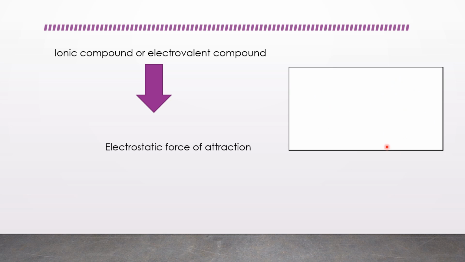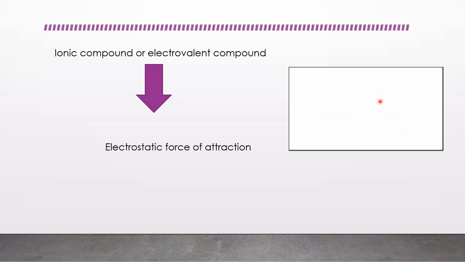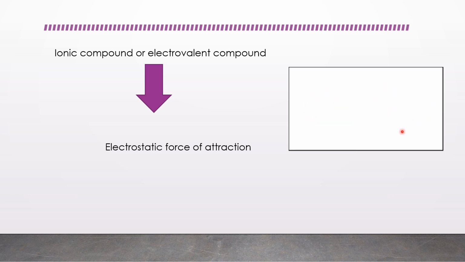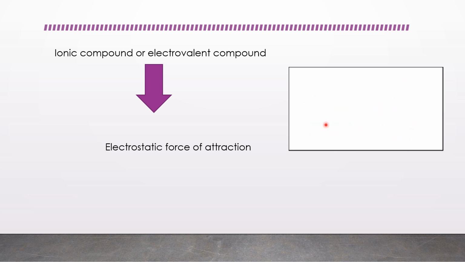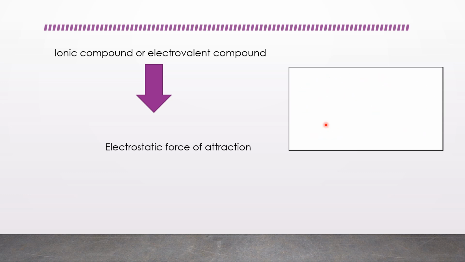It needs one electron, so it borrows from sodium and becomes an octet structure. Sodium also becomes 2, 8, and chlorine becomes 2, 8, 8. Na plus and Cl minus. Sodium loses one electron to become an octet, and chlorine gains one electron to become an octet.